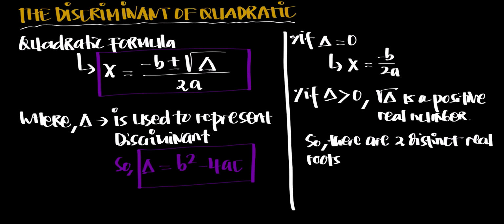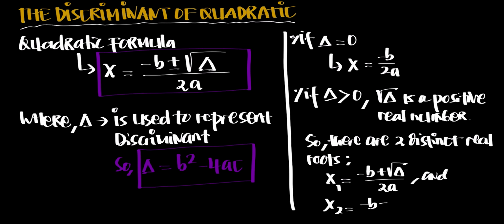And what are they? The first one, x1, equals minus b plus the square root of delta over 2a, and x2 equals minus b minus the square root of delta over 2a. So that can be the condition.